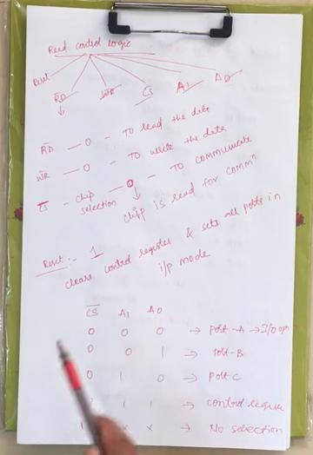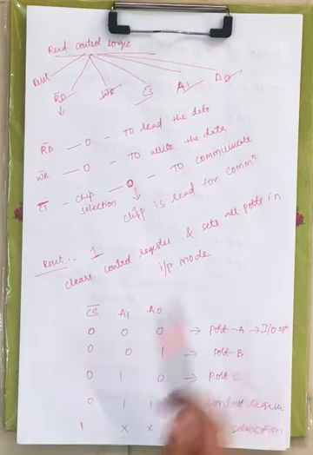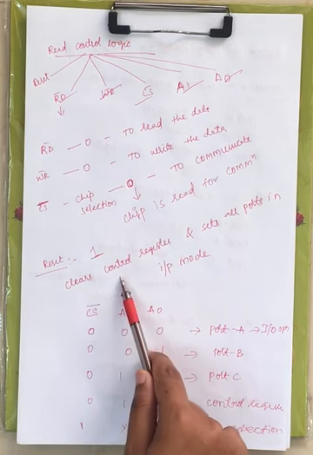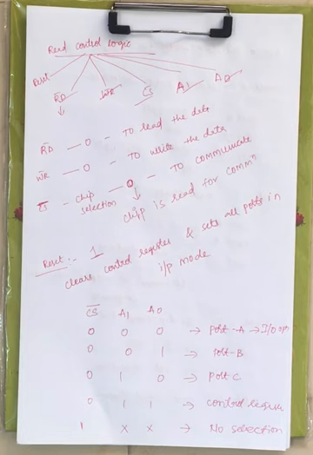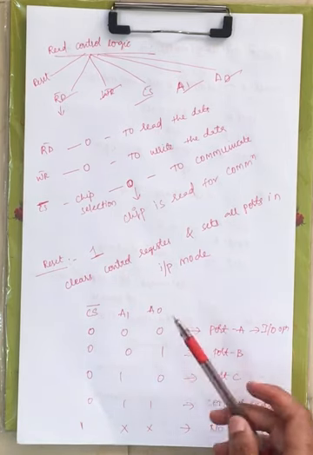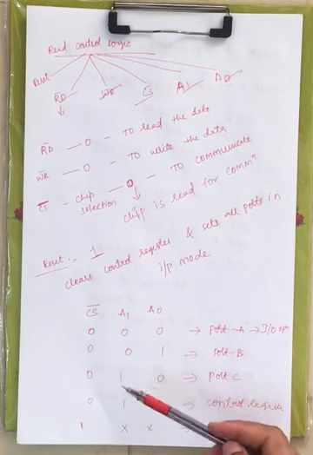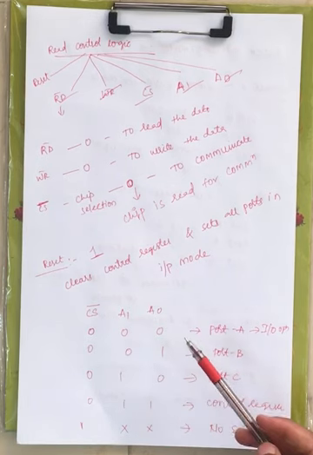When reset is 1, the control register is cleared and all ports, port A, port B and port C, are under input mode.